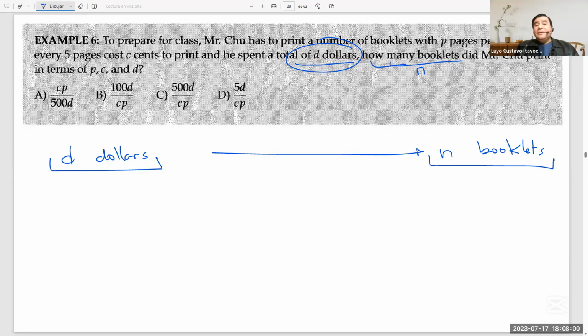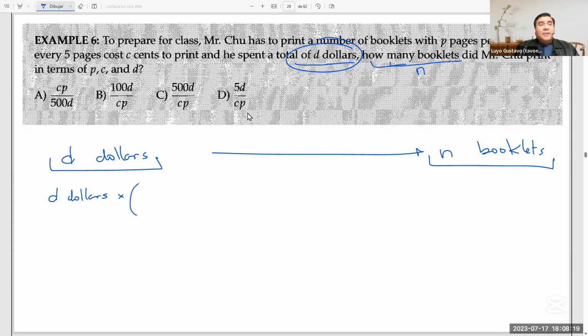Okay, the important thing to do here is formulating the chain of factors adequately. First, to convert the dollars to cents. How do I convert this to cents? Okay, I can multiply this by a factor, 100 cents over $1, right?